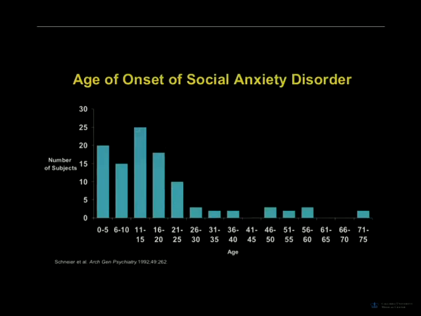So I mentioned social anxiety disorder is one of the most common of the anxiety disorders. Here's a study we did a while back looking at age of onset. In this study, and in most studies, you can see a modal age of onset in the mid-teens. That's when people are most vulnerable to developing this as a significant problem, at a time when most people are having some increase in social anxiety and facing new stresses.